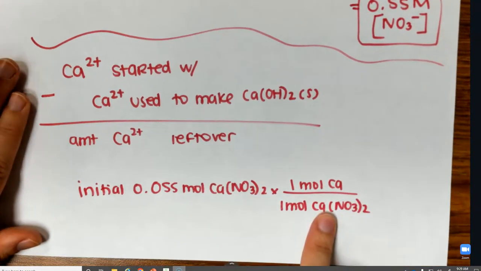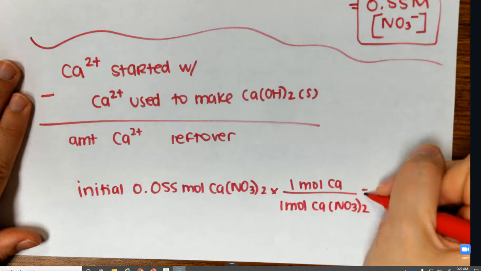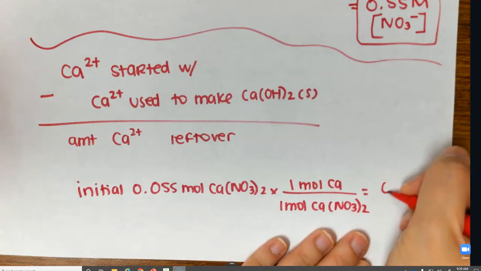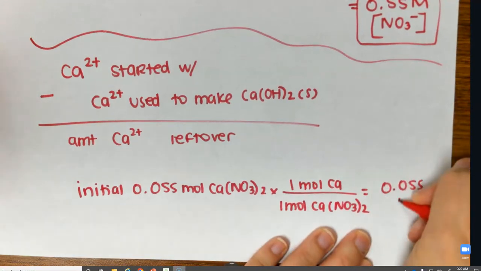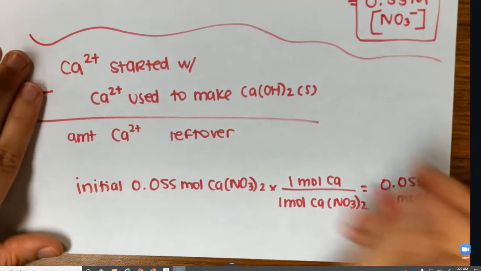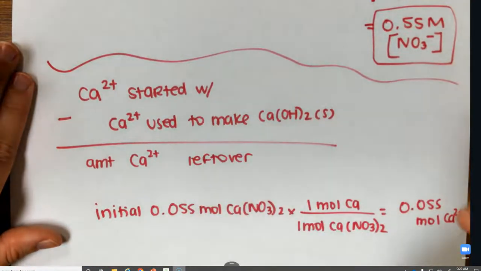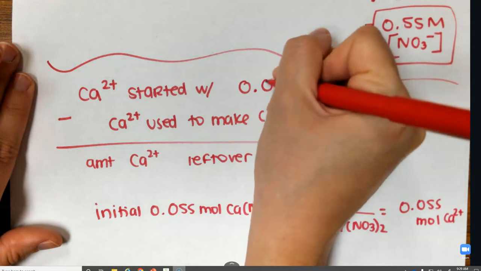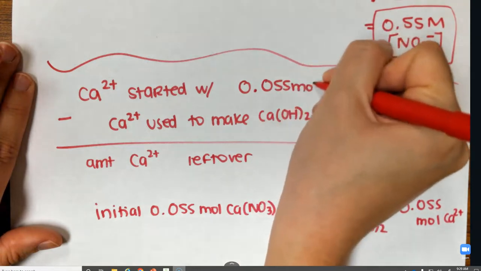Calcium does not have a subscript, so we don't double it or anything. That leaves us with 0.055 moles of calcium ions initially. I'm going to put that number right up here. We started with 0.055 moles of calcium.